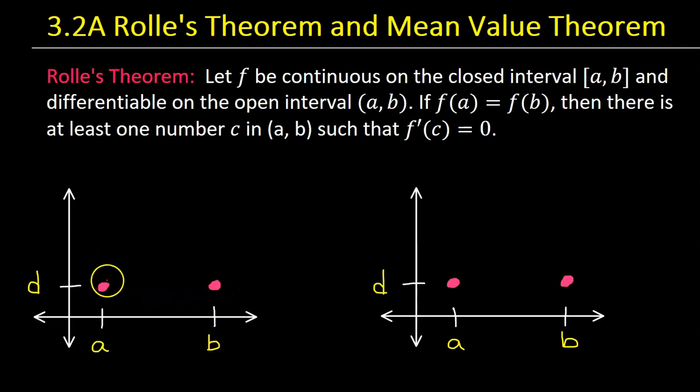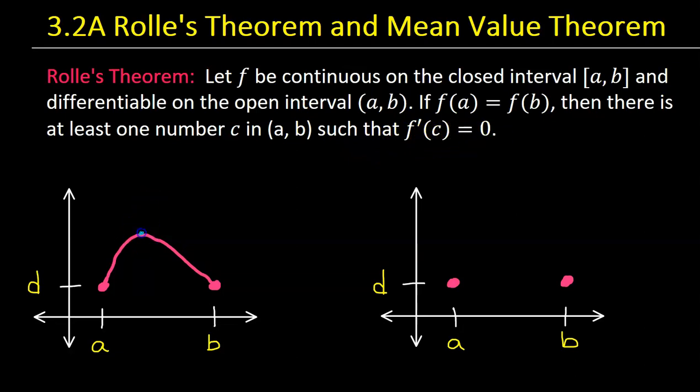So if we have a continuous function, if I start here at a, whatever else I do, eventually I'm going to have to end up at b. Now to keep it simple, I'm just going to make a simpler graph for right now. So let's just say I go up and come down. Somewhere between a and b, there is going to be a point c where the derivative is equal to 0.